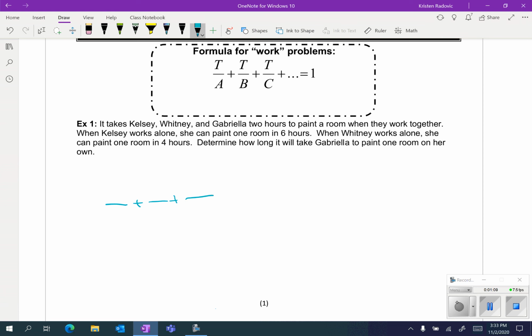Now, you're going to think about this as together over individual. Because up top, we have the time it takes for them together. The time or rate, actually. And then on the bottom, you're going to have the time it takes individually.